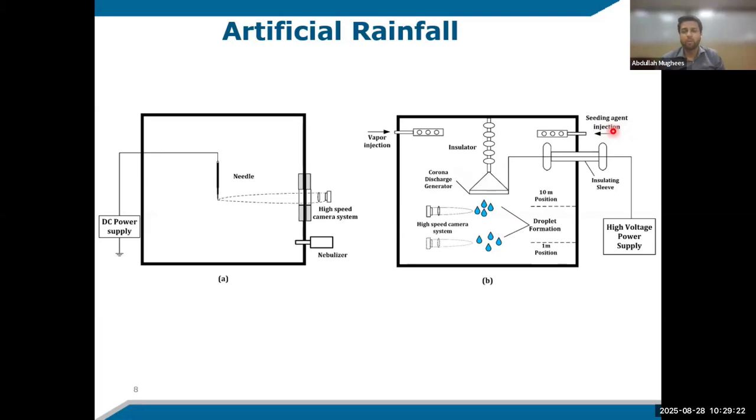So we have to ensure that we can combine as many water vapors together as possible to make it rain. Nowadays, what we are using is the electric shocks along with that seeding method.